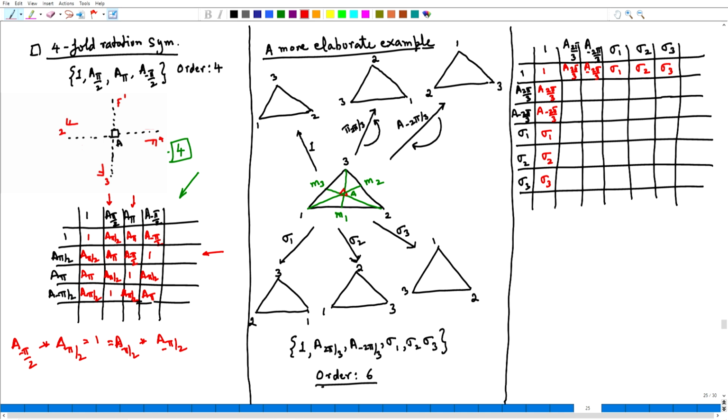So, if I consider a minus 2 pi by 3, follow it up with a 2 pi by 3, this obviously will result in the identity and obviously also the reverse as well. So, therefore, this is identity, this one is identity. So, this is all that would be there for the rotations.